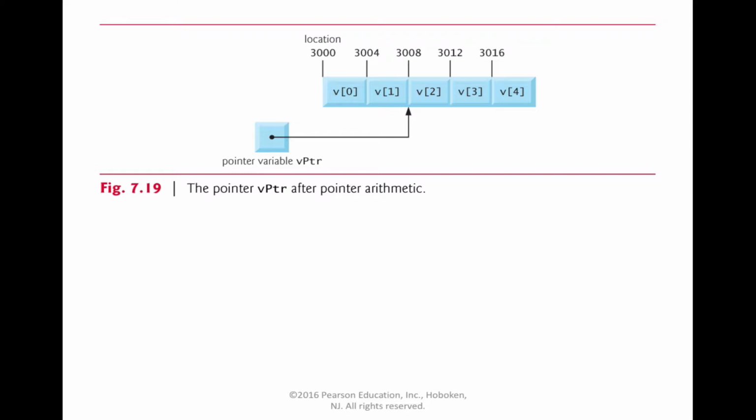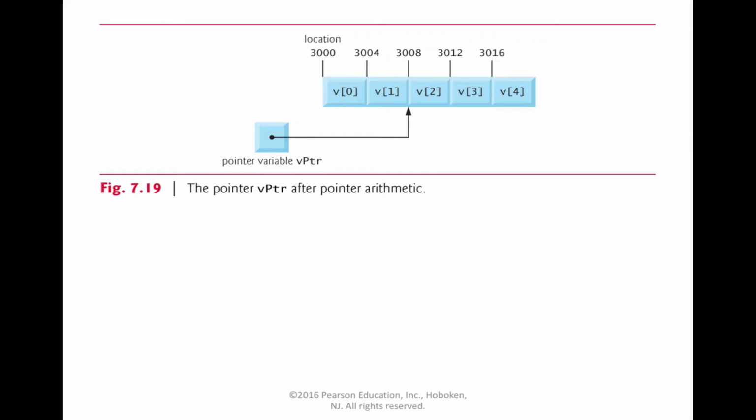So if the first integer is 4 bytes, it starts at 3000, it ends at 3004. I'm going to move 3004 is 1 integer. 3008 is 2 integers. So I'm going to move 2 spots, 2 integer spots in memory. So think about it as, if you're adding or subtracting values from pointers, you're not adding or subtracting individual bytes.